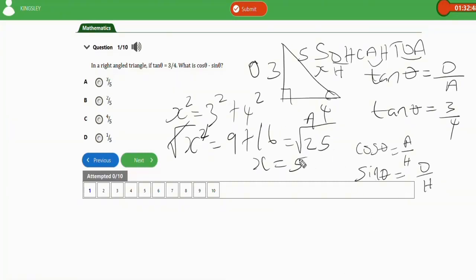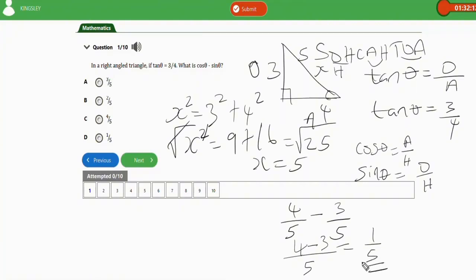So our final result will be, from cos theta, adjacent is 4 over hypotenuse 5, minus, for sine theta, opposite is 3 and hypotenuse is 5. So finally the LCM is 5, 5 into 5 is 1 times 4 is 4, minus 5 into 5 is 1 times 3 is 3. So 4 minus 3 is 1/5.